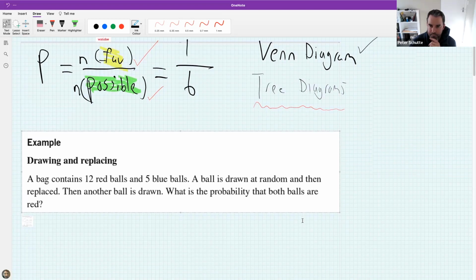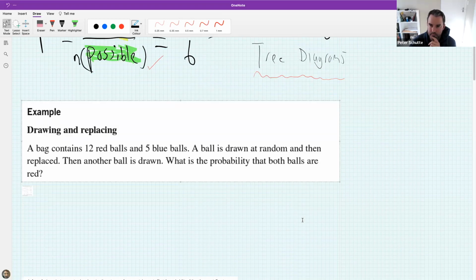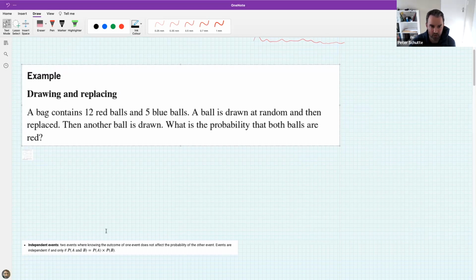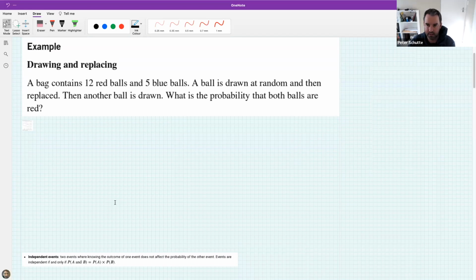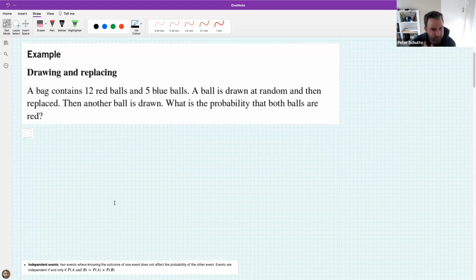Okay. So it's about 50-50 if I look at the thumbs coming in the chat. And so I think what we need to do is a nice slow example showing you how tree diagrams work. So let's look at this question.